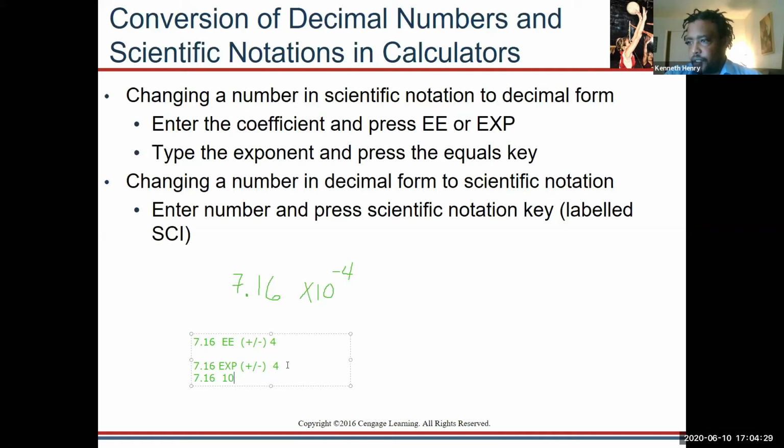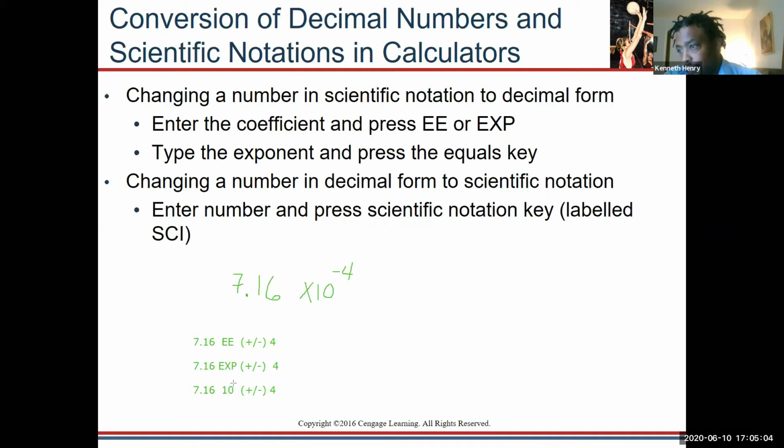Let me fix this. Hold on. I'll have to write the X up in a second. It'll say 10 to the X, and then you just type in plus minus 4. Dr. Henry?